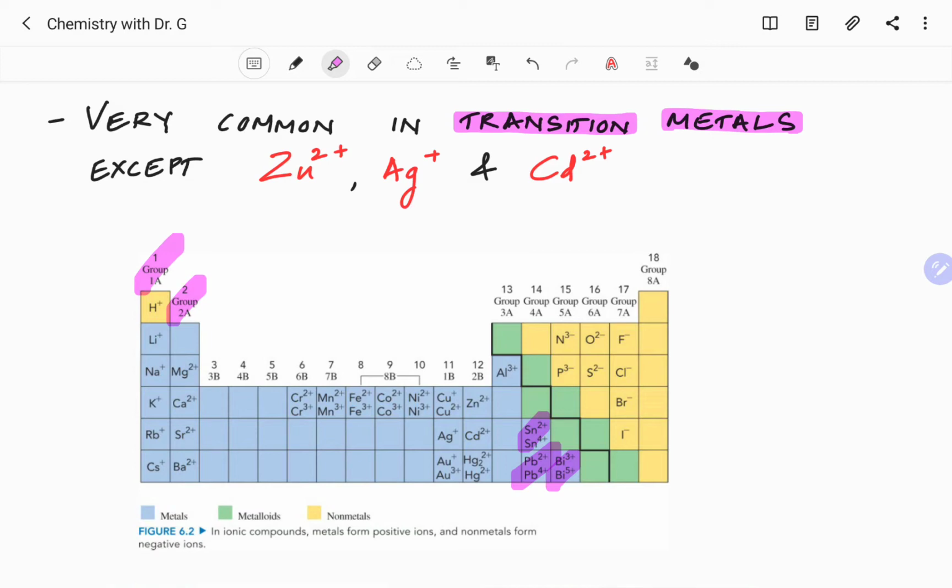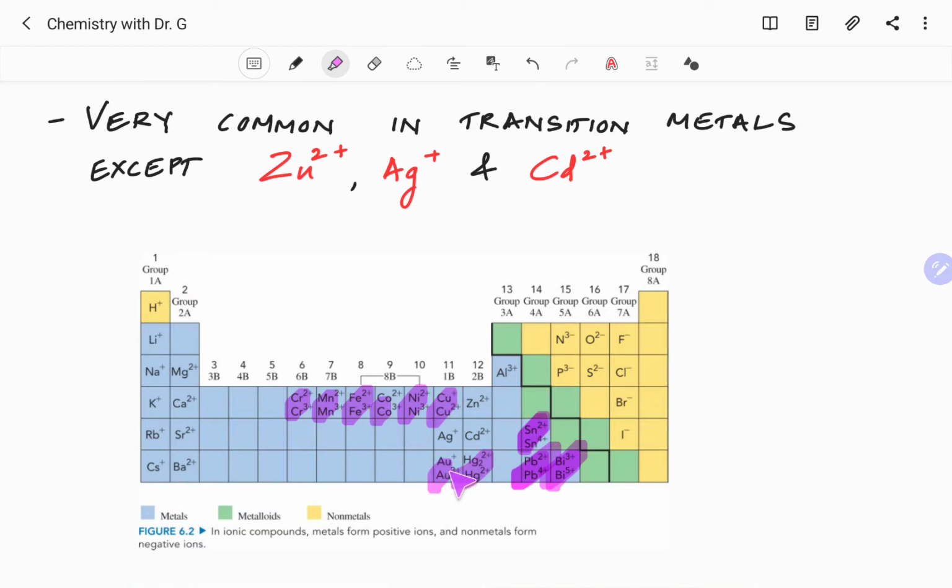But certain metals, even from the p block, could have more than one stable cation. The common examples are tin, lead, and bismuth. All three of these metals have more than one stable cation, and of course there are many transition metals with more than one stable cation.